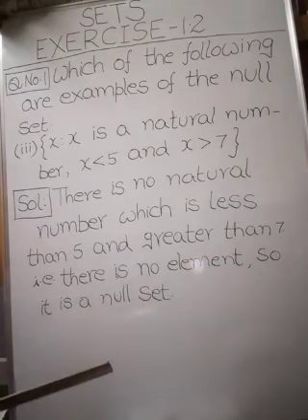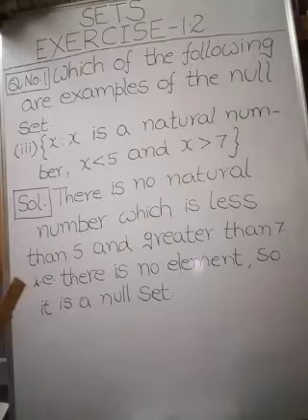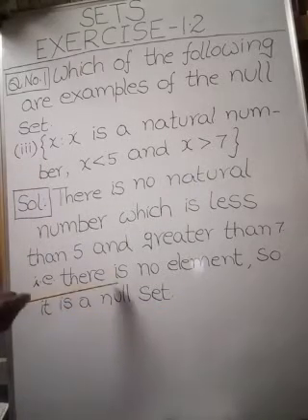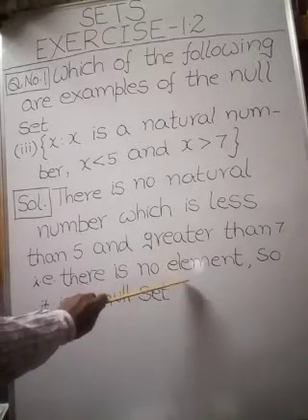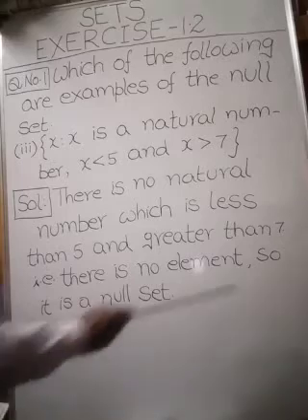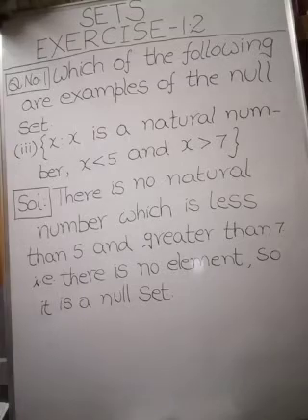We can't find any natural number which is less than 5 as well as greater than 7. That is, there is no element in the set. So, the set is said to be a null set. Understood, my dear children? Right.